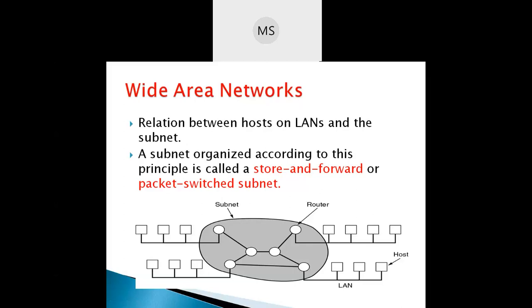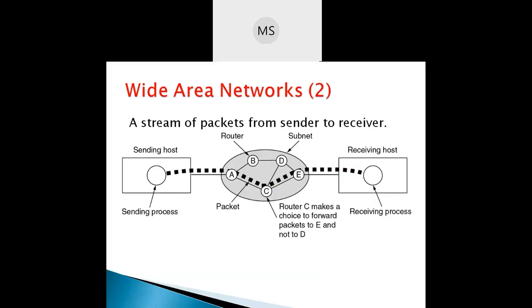and the WAN is nothing but a collection of MANs. Wide area networks have different mechanisms to transmit data from source to destination, like store and forward or the packet switching method. Here the data is divided into various packets, and those packets are transferred to the destination through a network.